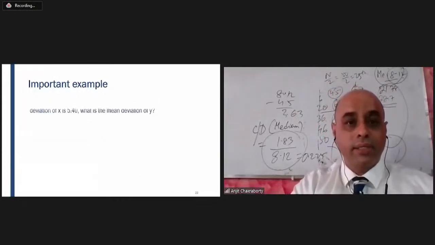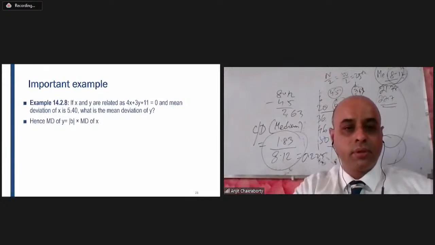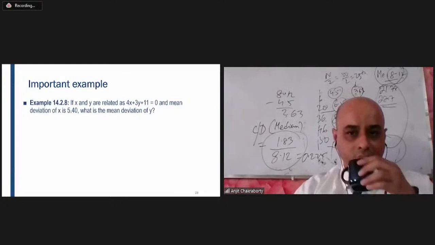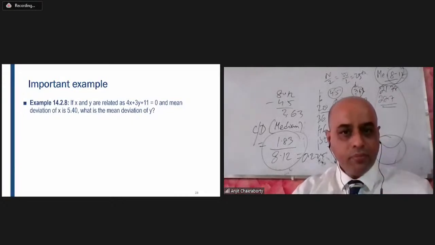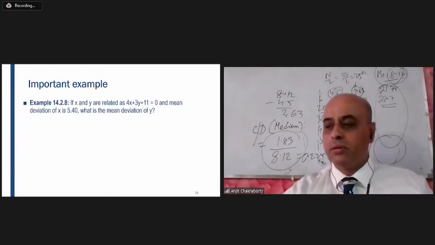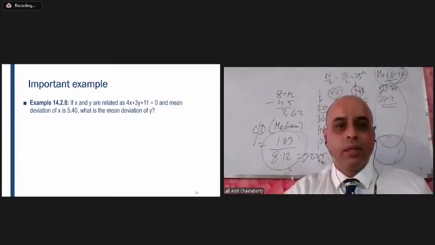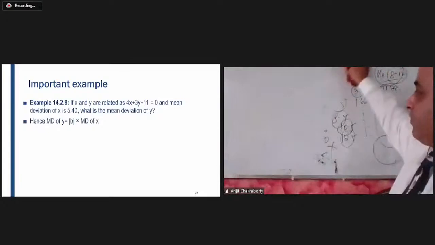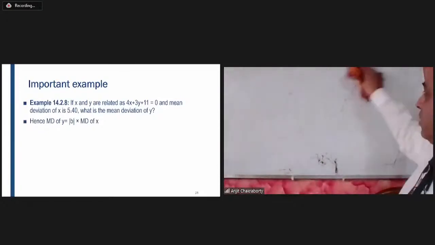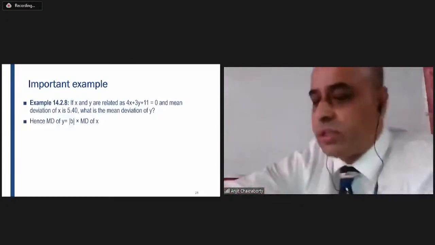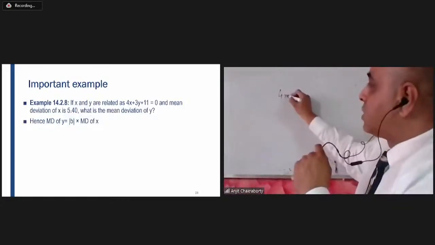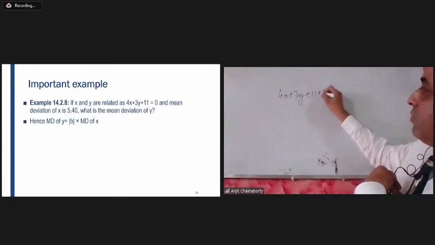Right. Now let us take this example, very important for the exam. If x and y are related like this, what is the mean deviation of y? The formula is the same. These questions are expected for the exam from this chapter. The relation is 4x plus 3y plus 11 equal to 0.